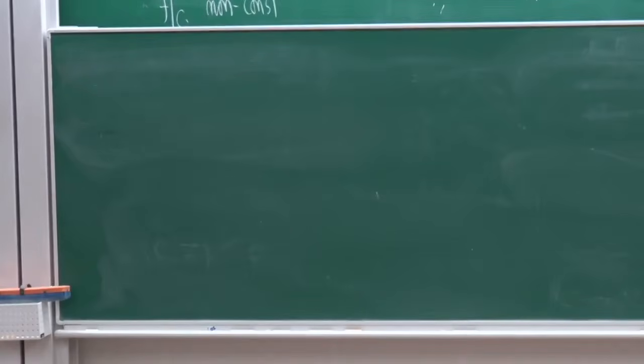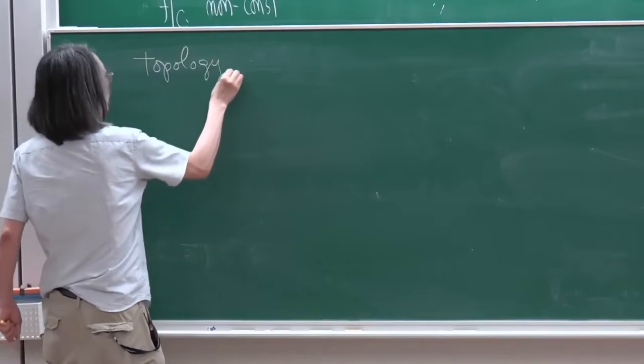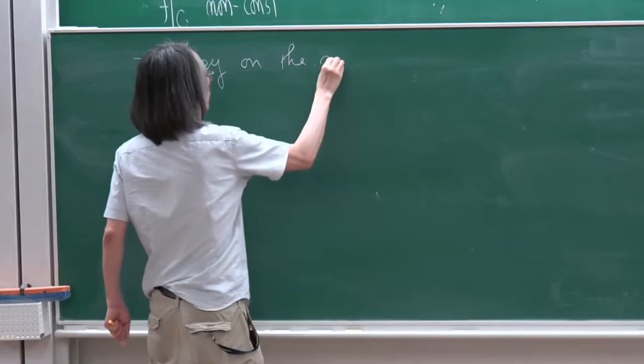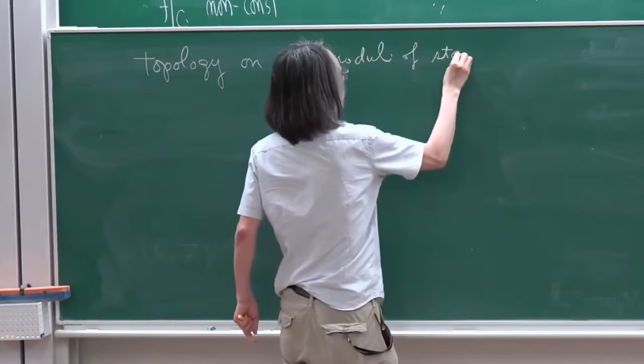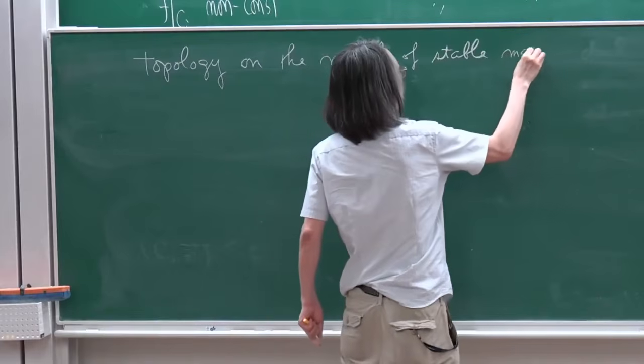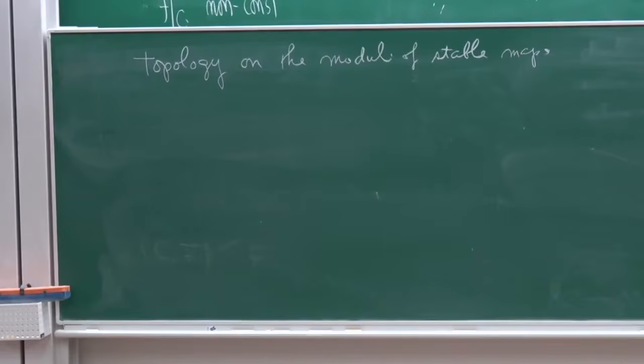So what is the convergence of stable maps? So the topology on the moduli of stable maps. For simplicity, I just talk about the limit of a sequence.